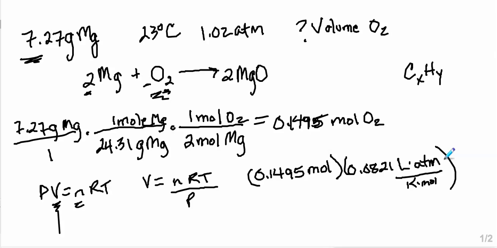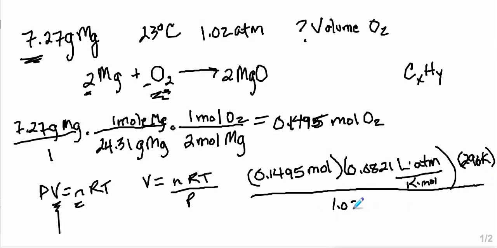Yes, I am writing all those units down. My temperature is 23 degrees C, which converted is 296 K. And I'm going to put this all over 1.02 atmospheres. And this corresponds to the formula that I originally wrote.